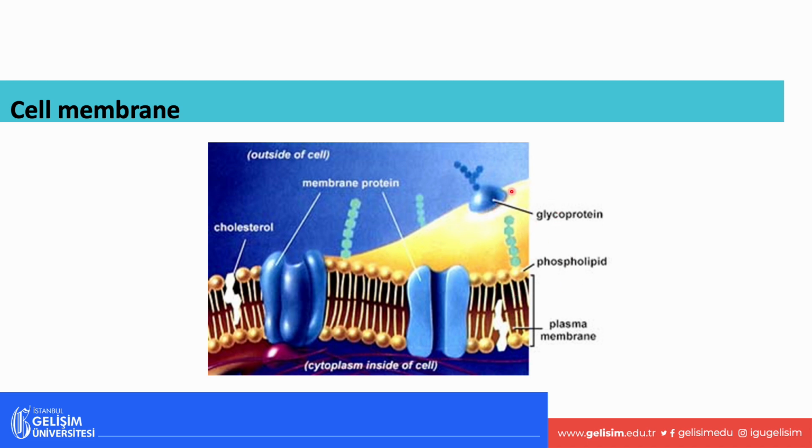Some of these glycoproteins are peripheral; they're an example of peripheral proteins. And these proteins play a very large role in the functioning not only of this membrane, but also they play an essential role for the function of this entire cell.